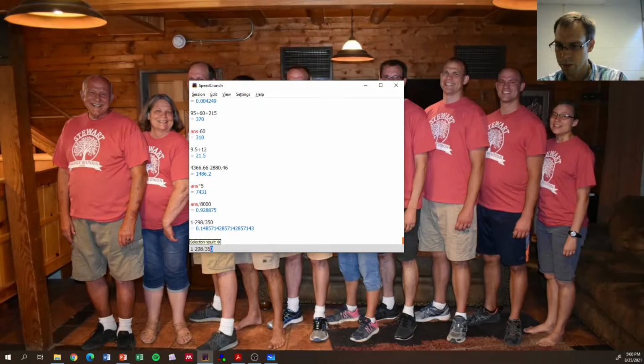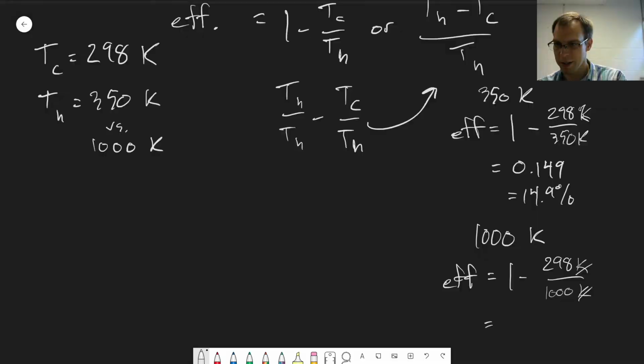So we'll just repeat this, replace this with 1,000 here, and we get 70% efficiency. So you see a pretty drastic difference. The bigger the difference you can get between TC and TH, the much more efficient your engine will be.